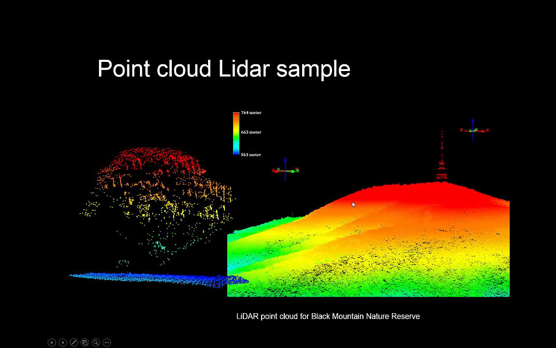So we see here a scan for Black Mountain, and we see the Black Mountain Tower here. And here a little close-up of a tree, where you see the shape of the tree, obviously, but you see that some of the photons make it through the tree canopy and onto a branch, probably in this case, and then return back to the sensor.